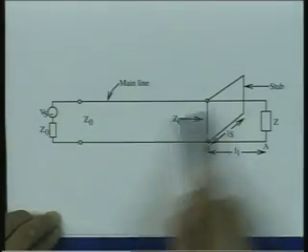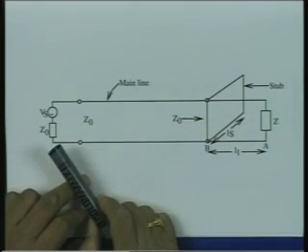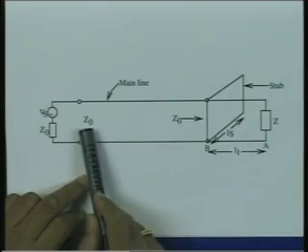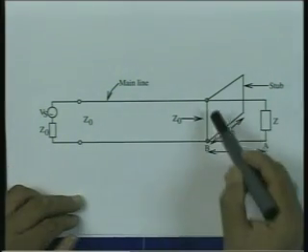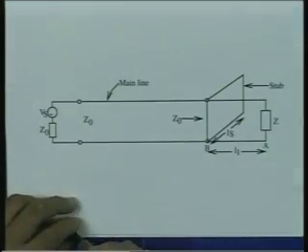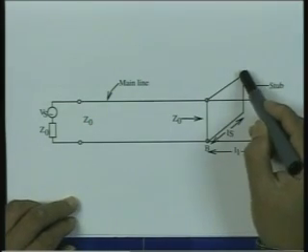This is my main line which has a characteristic impedance Z0. This line is connected to an impedance Z, which finally is to be matched to the characteristic impedance Z0. Let us say we connect a line in parallel to this line, which is what is called the stub, and let us say the stub is short circuited.